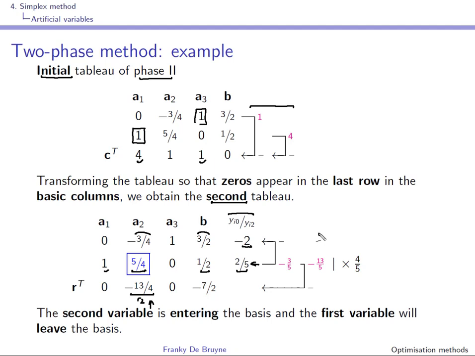This corresponds to these 2 elementary operations, and I assume by now that you can do this. And you have to multiply the second line by the inverse of the pivot.